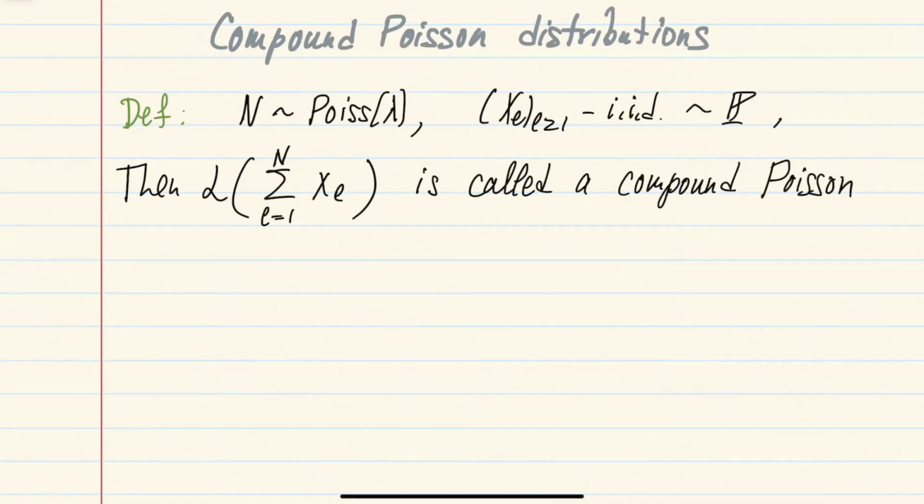In particular, it's clear that compound Poisson distributions are a subset of all infinitely divisible distributions.